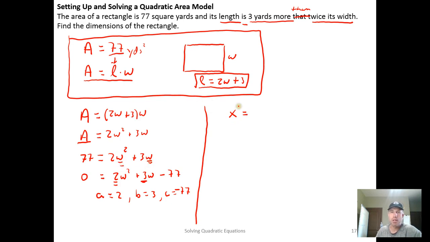So w equals the opposite of b plus or minus the square root of b squared minus 4ac, all over 2 times a.